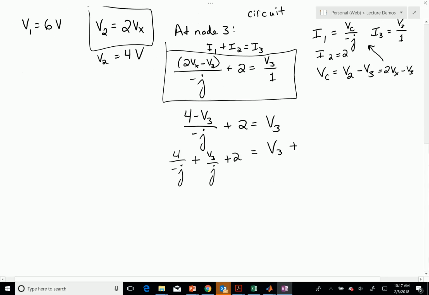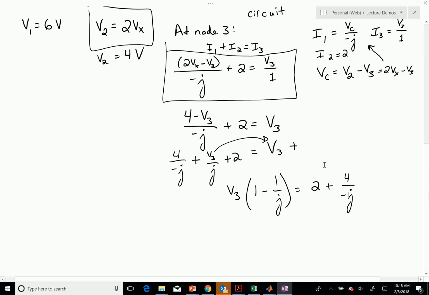So I can rearrange that to be V3 times 1 minus 1 over j, bringing this term over to the other side. That has to equal 2 plus 4 over minus j, like that.